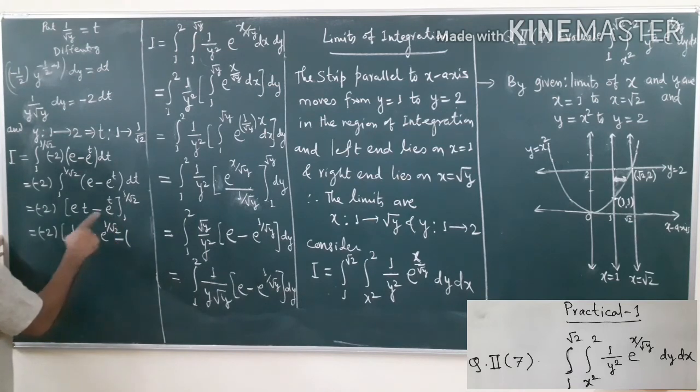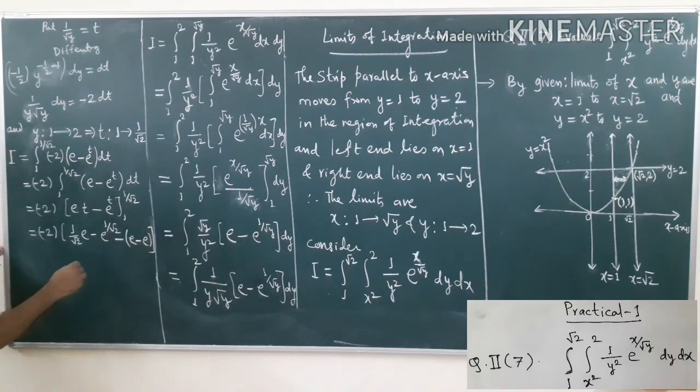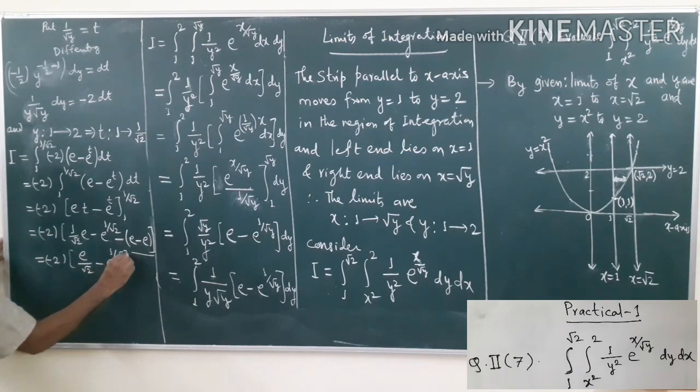Now, put t is equal to 1, so this is e minus e. Upper limit 1 upon root 2 into e raised to 1 upon root 2 minus lower limit e into 1 and e raised to 1. So, this will be 0. So, what you will have is only this. So, this is minus 2 into bracket e upon root 2 minus e raised to 1 upon root 2.